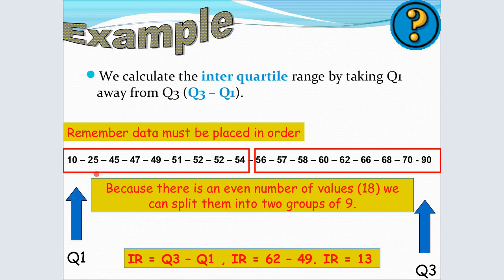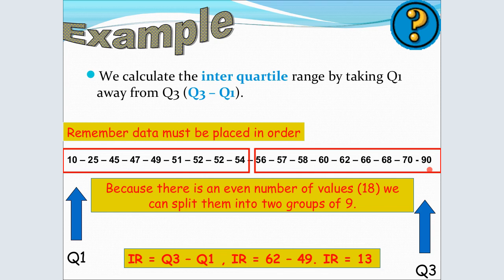How many are they? 1, 2, 3, 4, 5, 6, 7, 8, 9, 10, 11, 12, 13, 14, 15, 16, 17, 18. So we are talking about 18 values at this point.